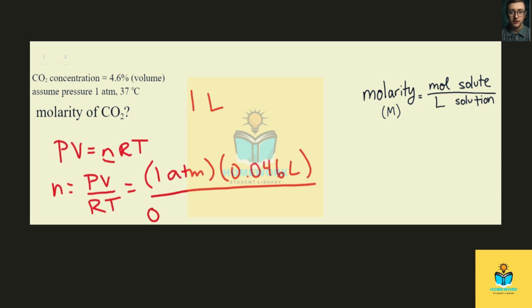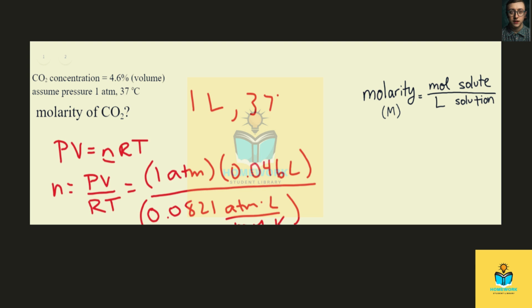R is the ideal gas law constant, 0.0821. I'm using 0.0821 because it has units of atmospheres liters divided by mole Kelvin. The temperature is 37 degrees Celsius, but I need that temperature in Kelvin.